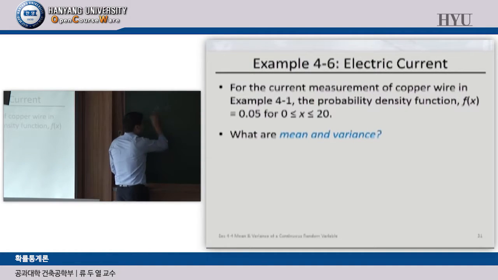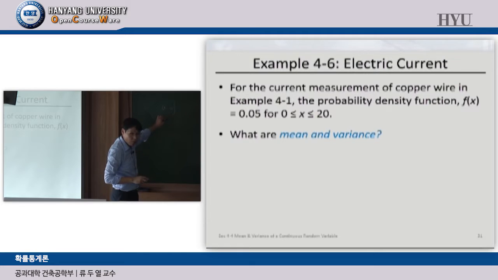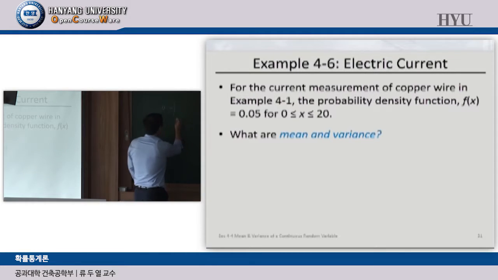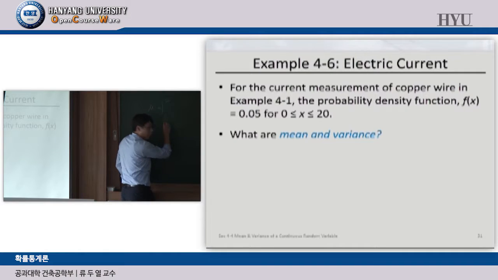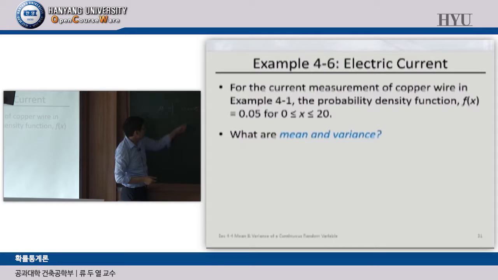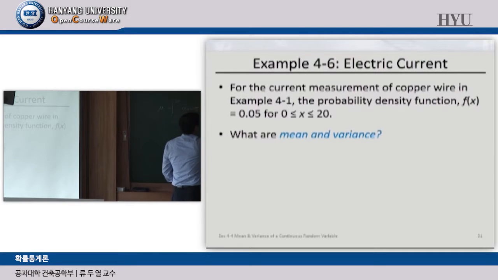The mean can be calculated by the integration from 0 to 20 of x multiplied by 0.05 dx, right? This is the probability density function f(x). And this can be 1 over 2 multiplied by 0.05 multiplied by x squared from 0 to 20.